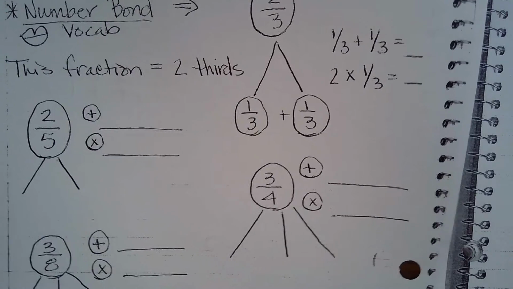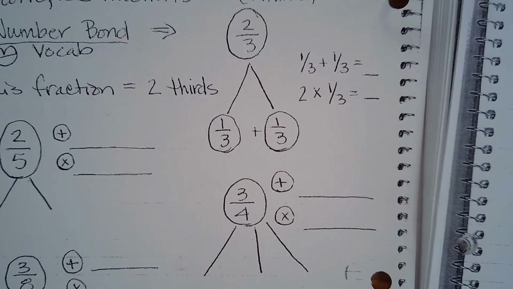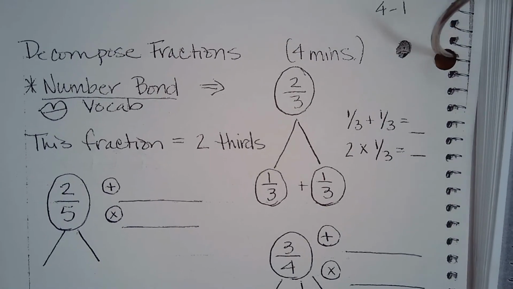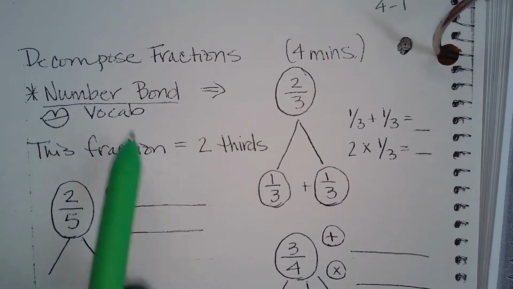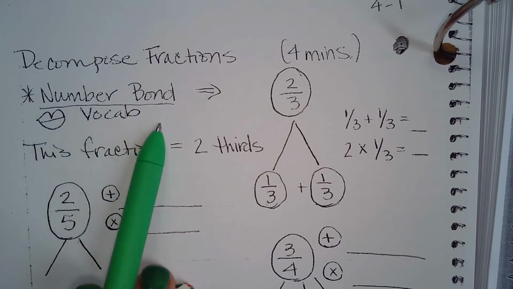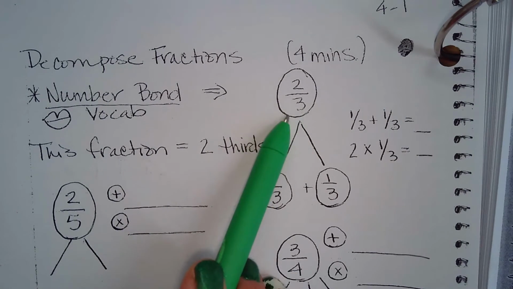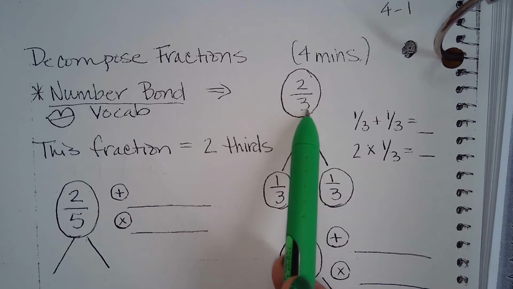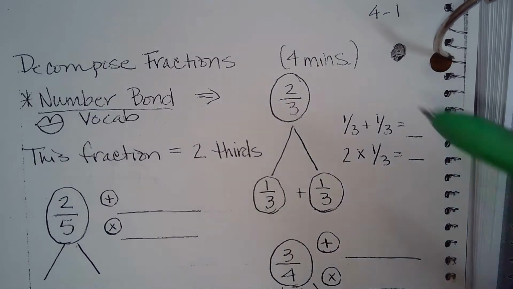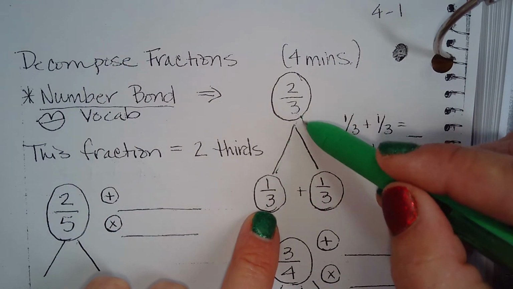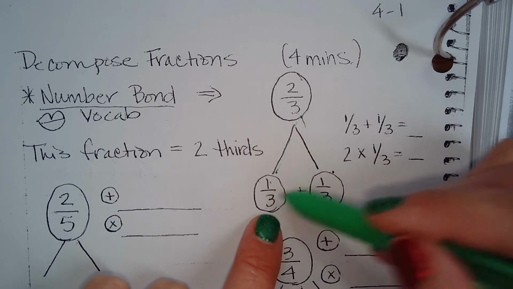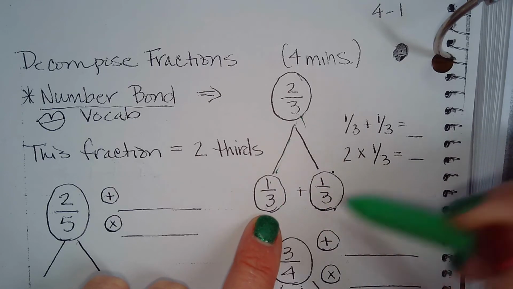Then on the back, you are going to decompose fractions. So we're going to use this word number bond, and it looks like this. If I start with the fraction 2/3, I know that if I pulled 2/3 apart, 2/3 is really made up of 1/3 plus 1/3.